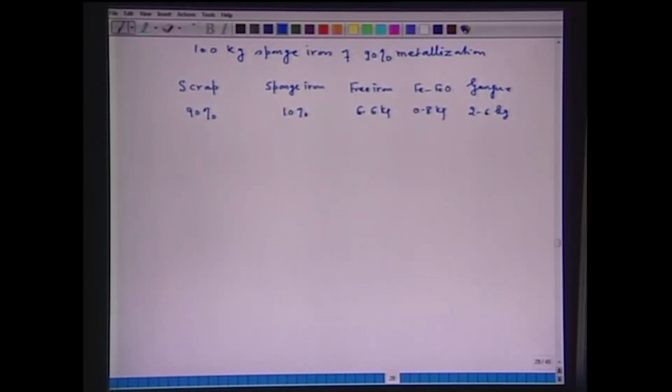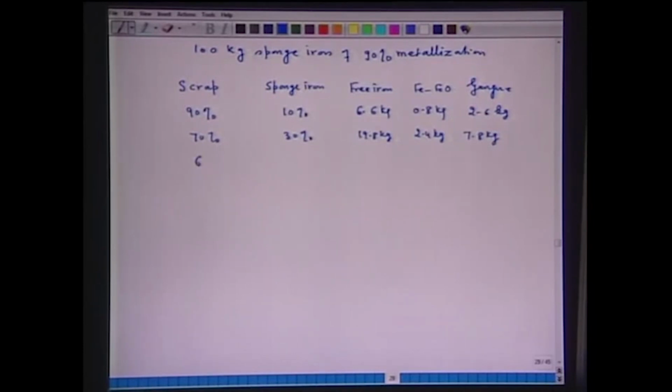If I take 70% scrap, 30% sponge iron, I have 19.8 kg free iron, 2.4 kg as iron in FeO and 7.8 kg in the gangue.